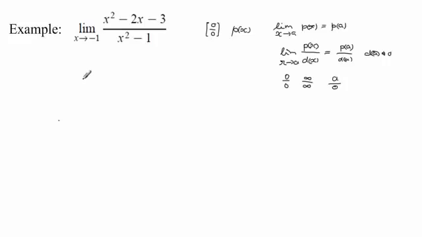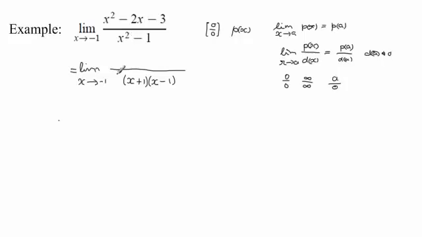So the next step: the limit of this will be equal to the limit as x is approaching -1, and we note that in the denominator we've got a difference of two squares, so we can factorize that as x plus 1 multiplied by x minus 1.